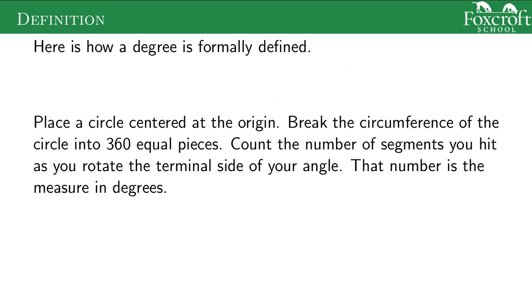Now that we know what an angle in standard position is, we can talk about what it means in degrees. We have our angle in standard position, our initial side and our terminal side. We're going to put a circle with the center there. We'll just draw some circle, and we're going to break this circle up into 360 equal pieces. A full circle is 360 degrees.